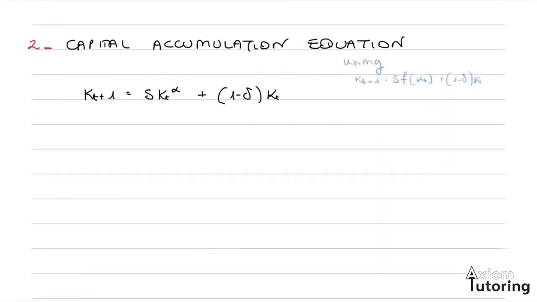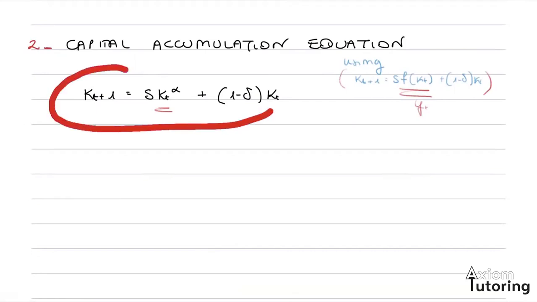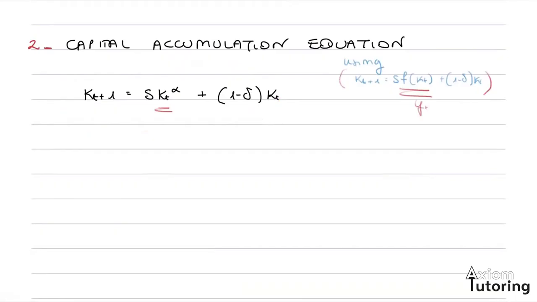So let's look at what the capital accumulation equation would look like. Using our general form where we have the production function, our small y_t, we just need to substitute in what we mentioned previously about what y_t would be, which is k to the power of alpha. And so now what we have to do is start to rearrange it so that we can have something that we can start to interpret.